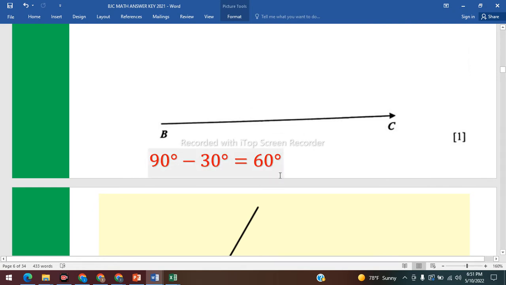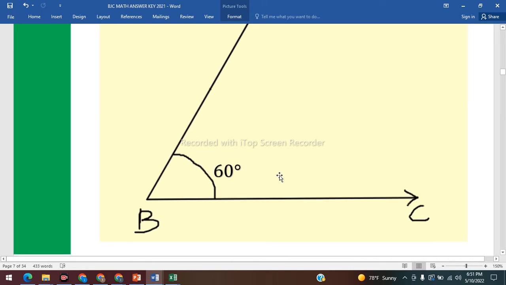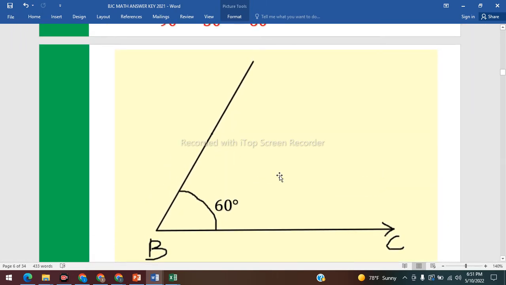I was over here thinking 30 plus 30 is 90. No. So this is a 60-degree angle that we have to draw, and we draw it using our protractor.